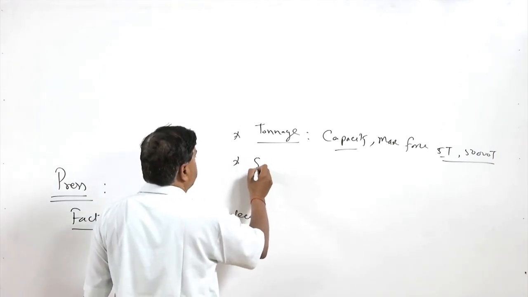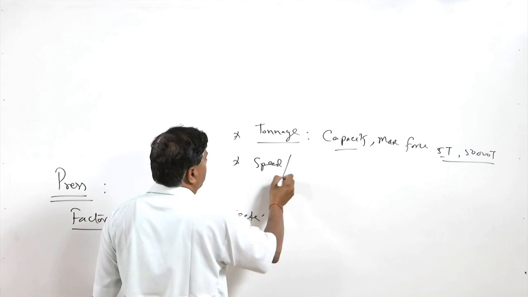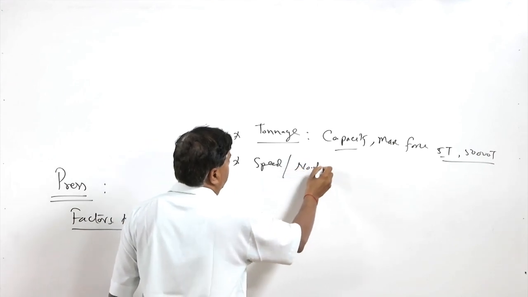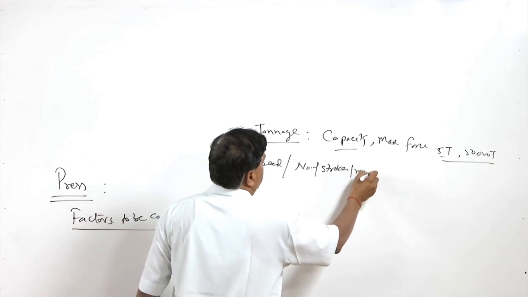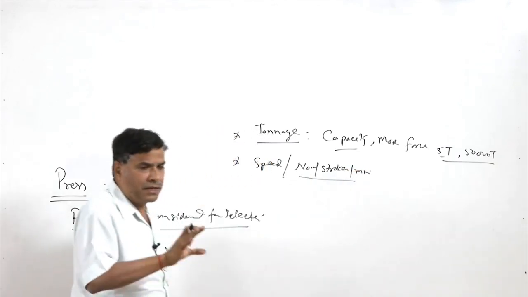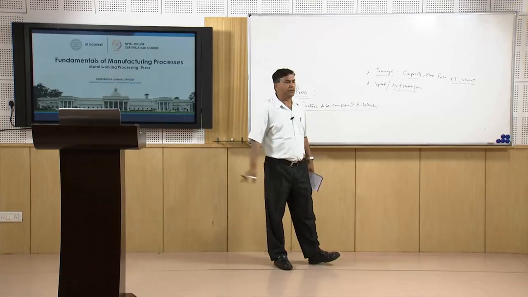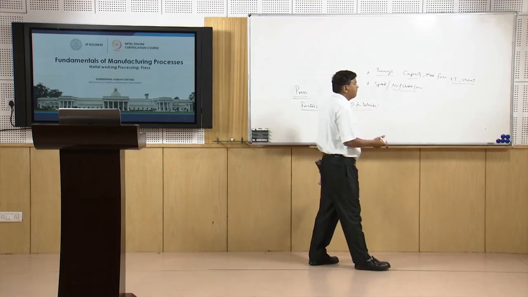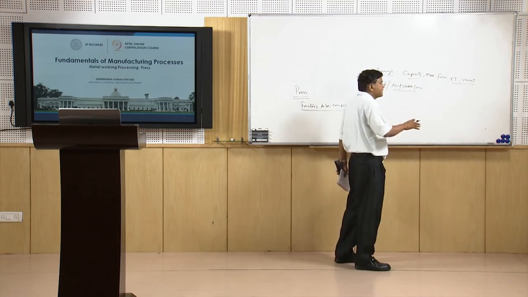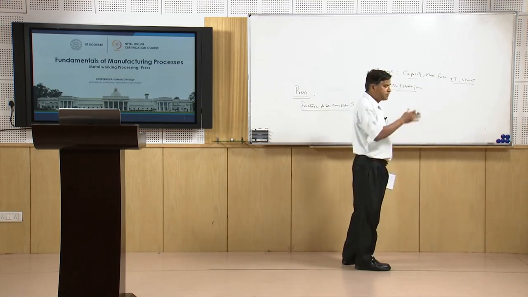Then the speed, which is also termed as the number of strokes per minute. For certain operations like deep drawing operations, we need a slower movement of the ram, while in some other presses we need faster movement.